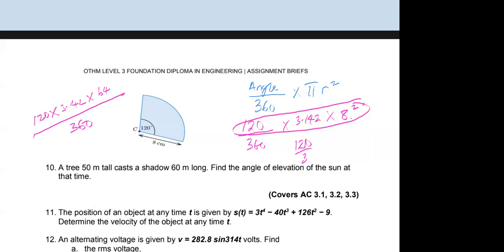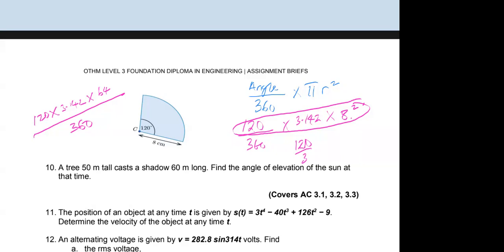2 times 64 equals. That's not right. I got 67.